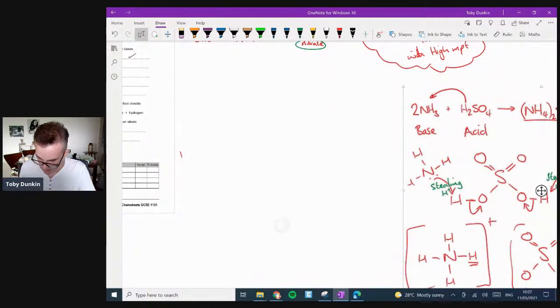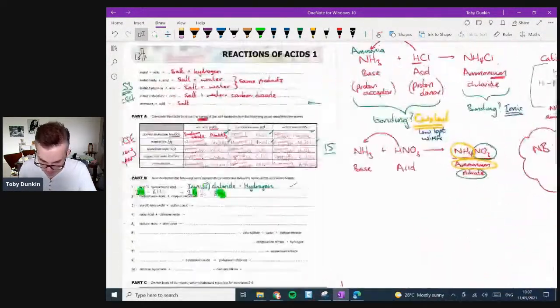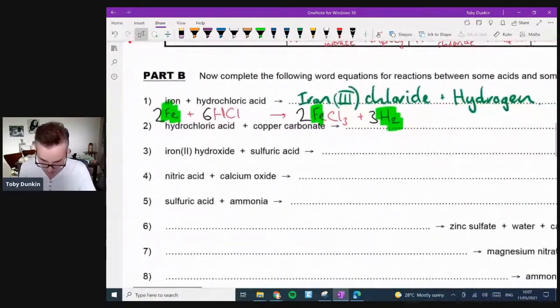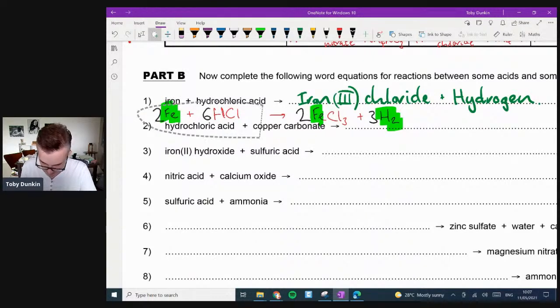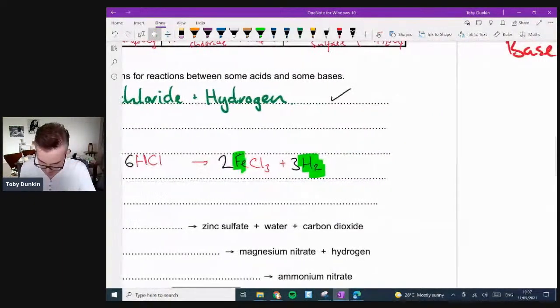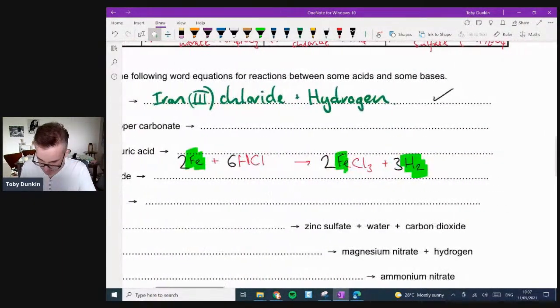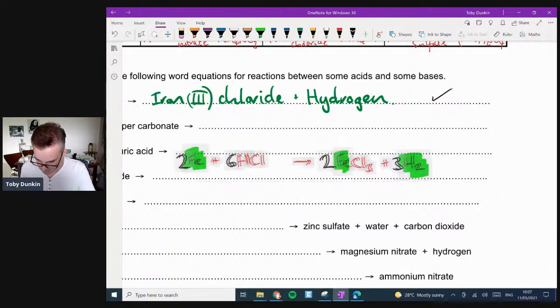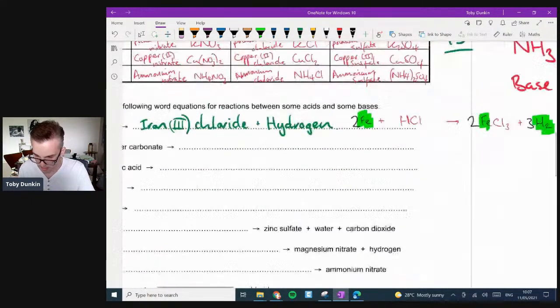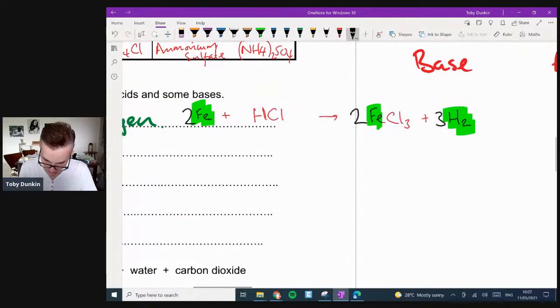Then I can put the equation directly next door to the one I've done, which makes more sense because you can then see it and mark them independently. Get rid of that tick and put that 6 back. Guys, tick it if you've got it. 2 marks.